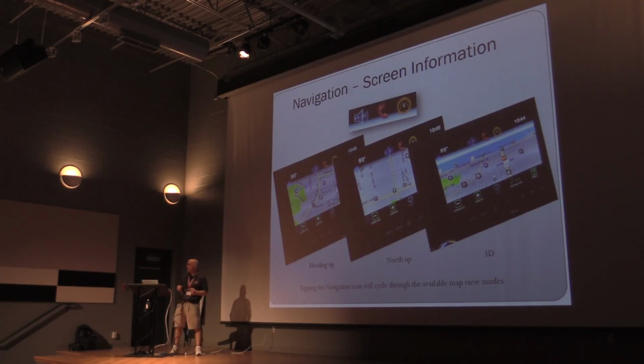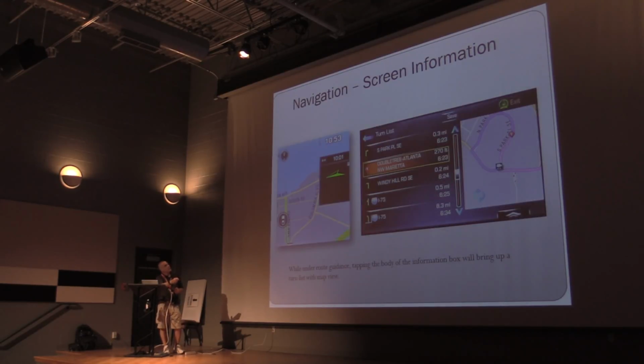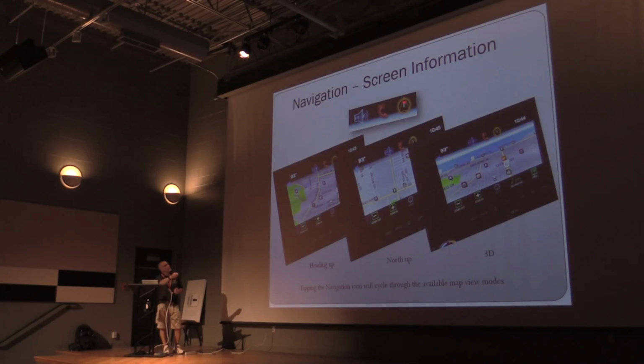So I talked about tapping the navigation icon, and that's in the quick access tray up the top of the navigation screen. If you touch on that, it will cycle through heading up, north up, and 3D top-down mode. And you can cycle through those the whole time while you're driving. If you want to get a better look at the trip ahead, 3D.